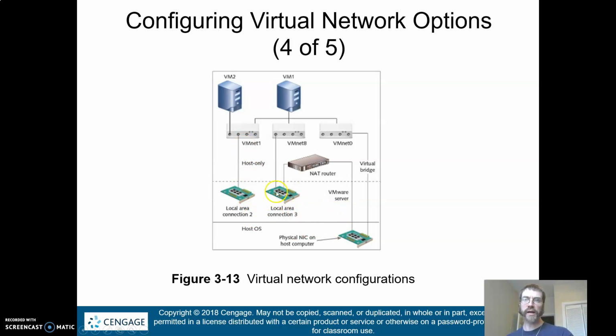So bridged goes straight to the physical NIC. NAT goes through the local area connection, through the NAT router, down to the physical NIC. Host only stops and never reaches the physical NIC. This is a good way to do host and even network isolation.